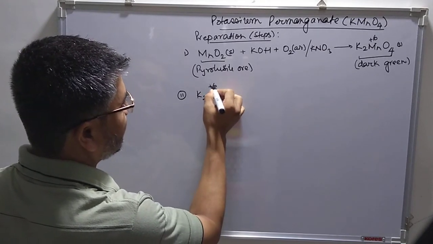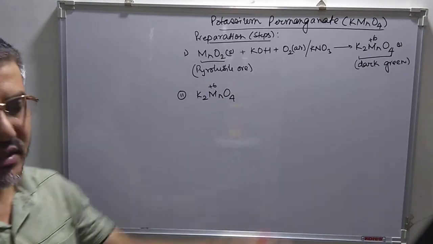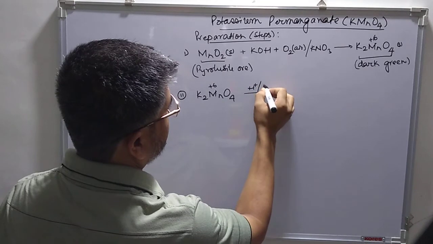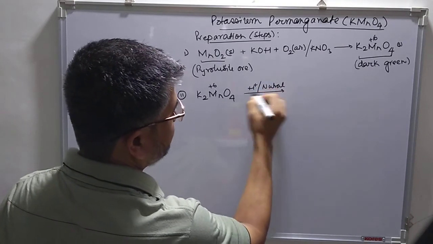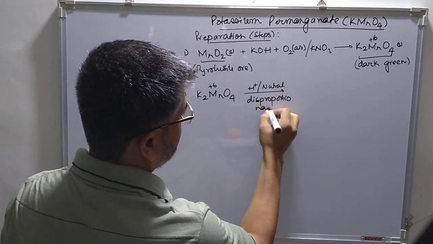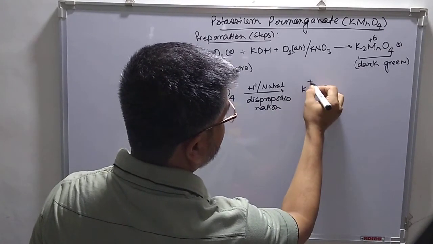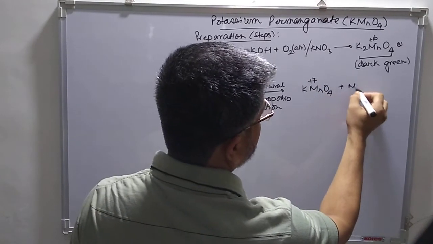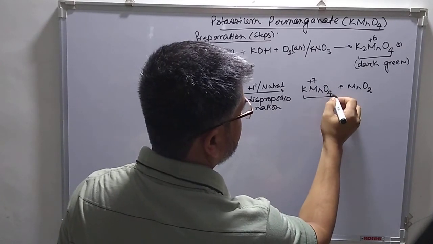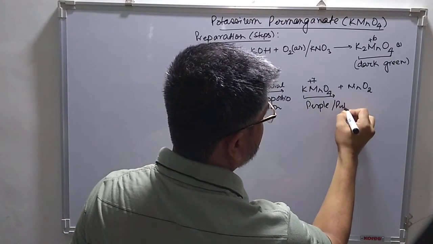Now this dark green K2MnO4 undergoes disproportionation in acidic or neutral medium to give you KMnO4, Mn in +7 oxidation state, plus MnO2. KMnO4 is purple or pink color.